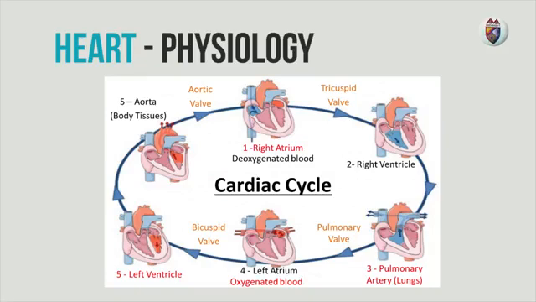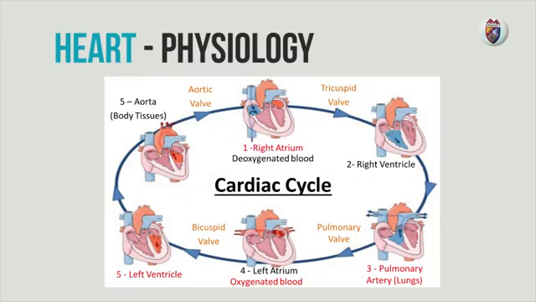As deoxygenated blood is contained within the right ventricle, the pulmonary valve opens and blood is pumped through the pulmonary arteries. During this time, deoxygenated blood travels to the lungs for it to be oxygenated. As this part of the cycle finishes, the right side of the heart then relaxes, ready to be filled with the next batch of deoxygenated blood.